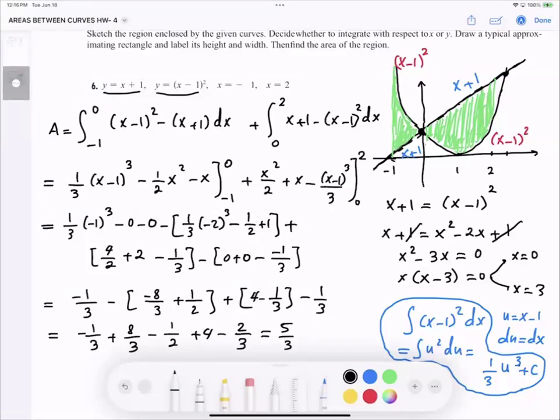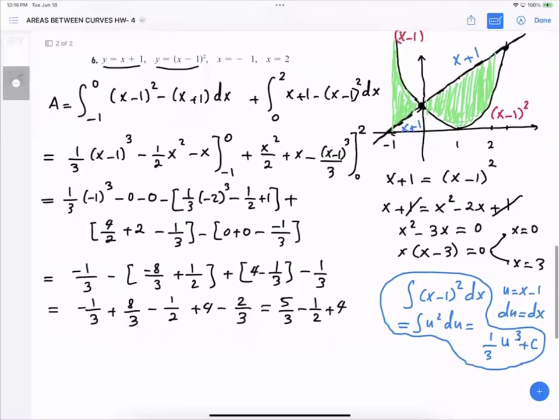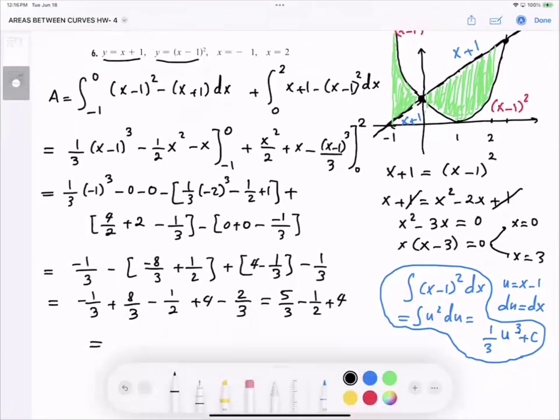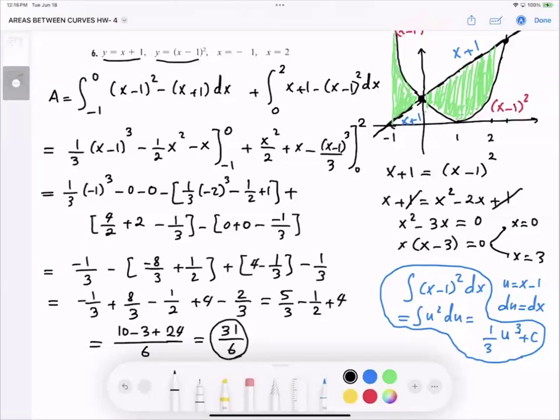So you have 5/3 minus a half plus 4. Let me just move this up a little bit so I can see what I'm doing. If we take the common denominator 6, you have 10 minus 3 plus 24. So we get 21 plus 10, or 31, divided by 6.